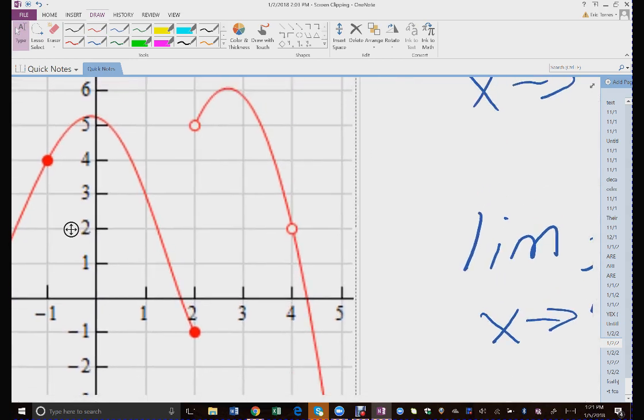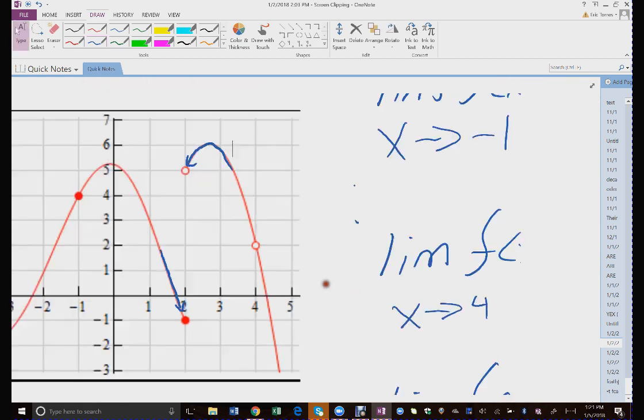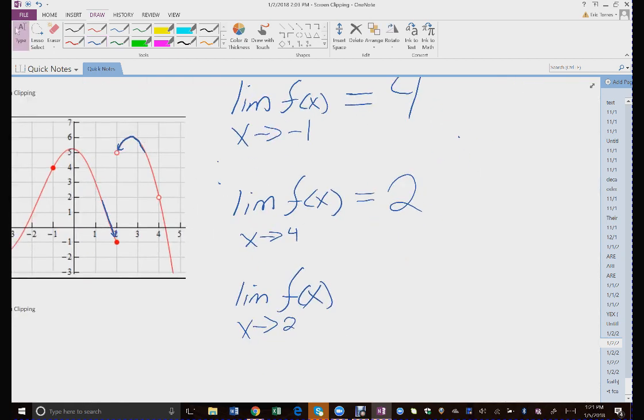If I'm on the function and I'm getting closer and closer to 2 on one side, it looks like the function is going to -1. However, if I'm on the other side and I'm approaching on the function, then the y value appears to be 5. So in this situation, I would actually say that the limit does not exist.